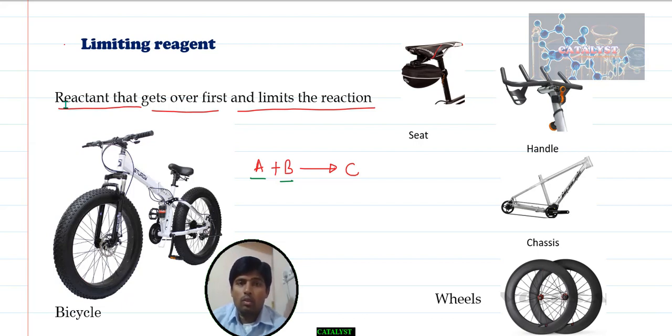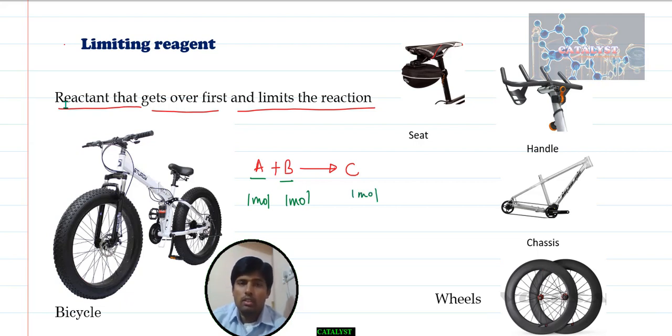Now in case one of the reactants is present in lesser quantity than the stoichiometric requirement, for example, according to this equation, 1 mole of A and 1 mole of B combine to give 1 mole of C.